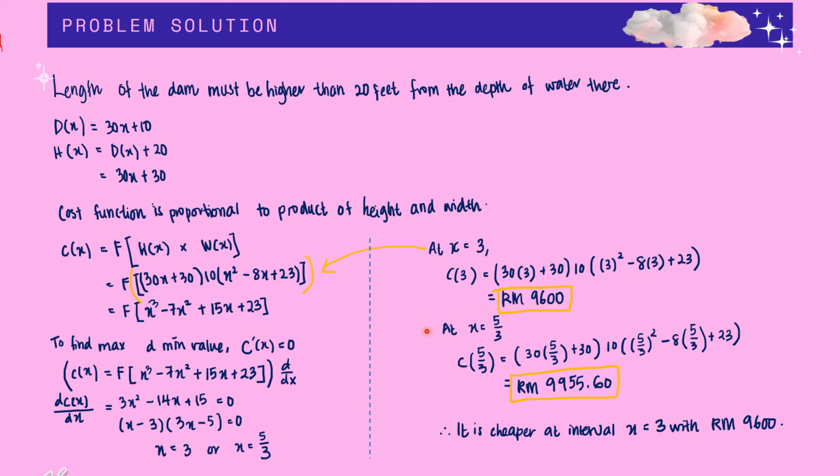While at x equals 5 over 3, C(5/3) gives us a value of 9,955 and 60 cents. Therefore, we can conclude that it is cheaper at x equals 3 with 9,600 ringgit.